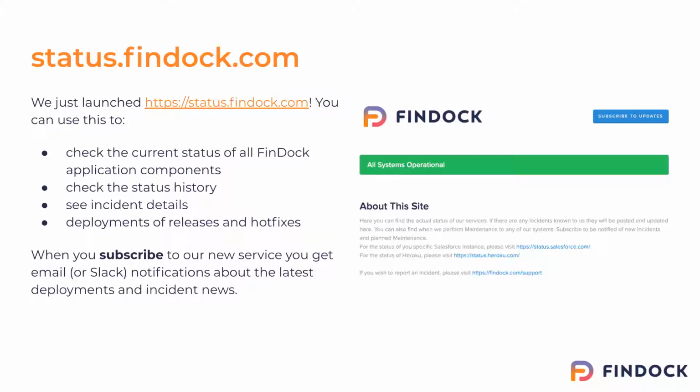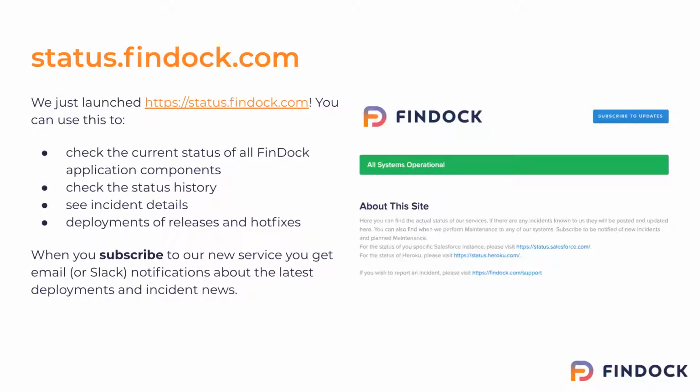And the best thing about this is you can subscribe to notifications on status.findock.com. Then, for example, when we push a new release, you will automatically get an email or a Slack notification, or the channel that you prefer will be notified about these changes.